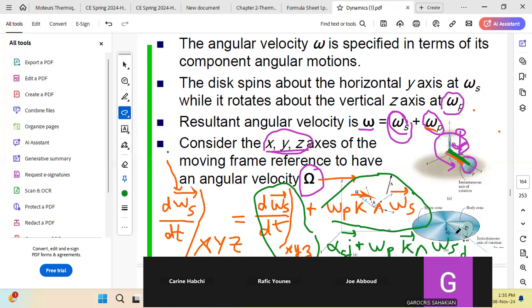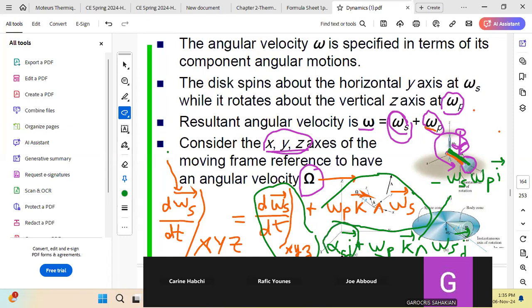So now if you do k vectorial j, k vectorial j is minus I. So this component will be minus omega s times omega p along I. And this means that this is the effect of change in direction, and this is the effect of change in magnitude.